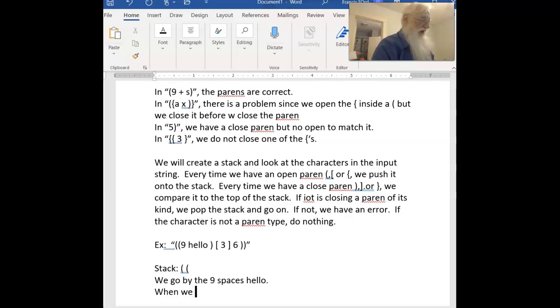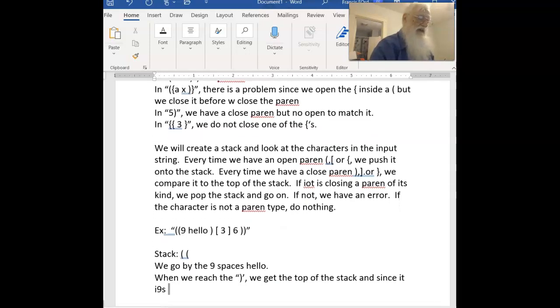When we reach the close paren, we get the top of the stack, and since it is a close and open parentheses, we pop the stack.